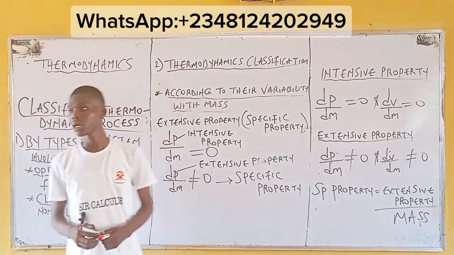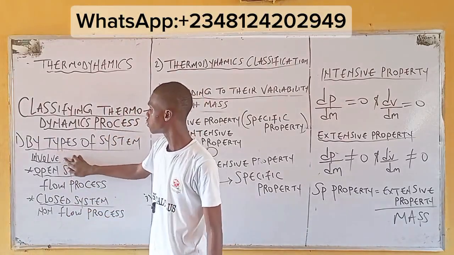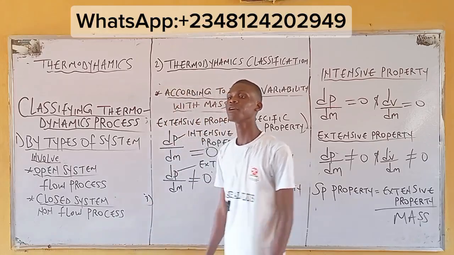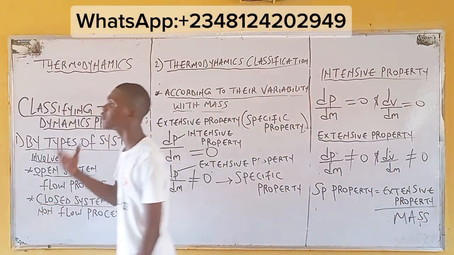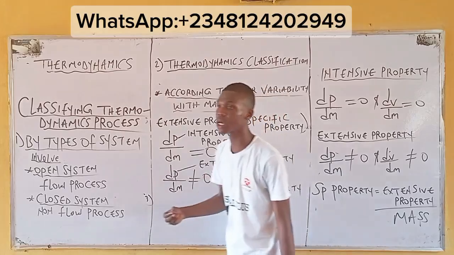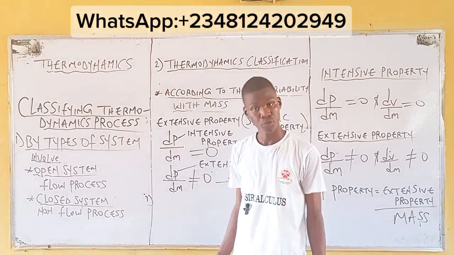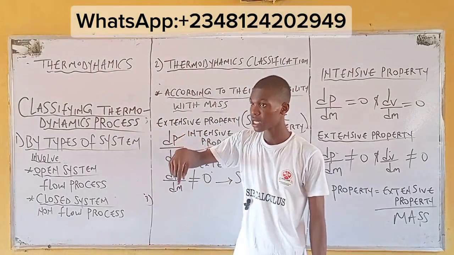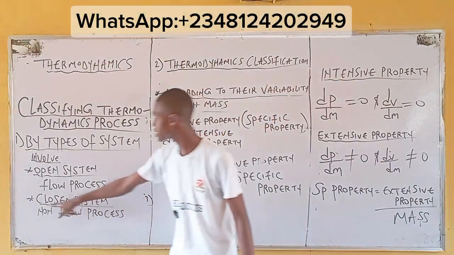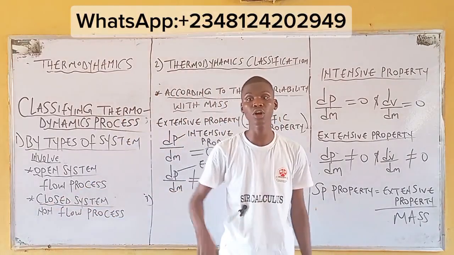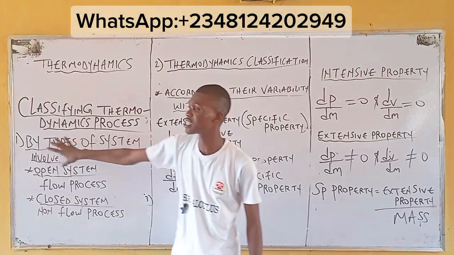You have no flows. Any question? Types of system involved. Meaning the type of system involved. The first one is what? Open system. Meaning when you have an open system, the type of process in that system is called what? Flow process. If it is a closed system, the type of process is called what? Non-flow process. So this is the first one, by type of system involved.